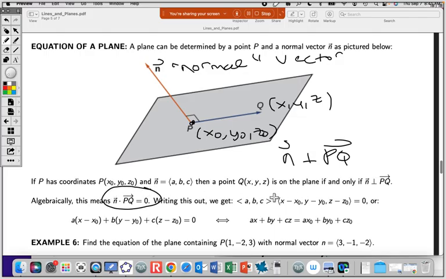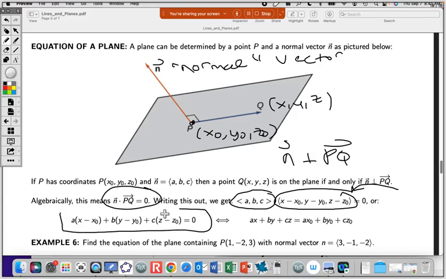So if n has components a, b, c, the vector from P to Q would be x minus x naught, y minus y naught, z minus z naught. That has to be 0. And so we get this formulation for the equation of the plane, which sort of reminds us of where it's coming from with the dot product. Or you can simplify it to get this one. Just pick whichever one floats your boat.